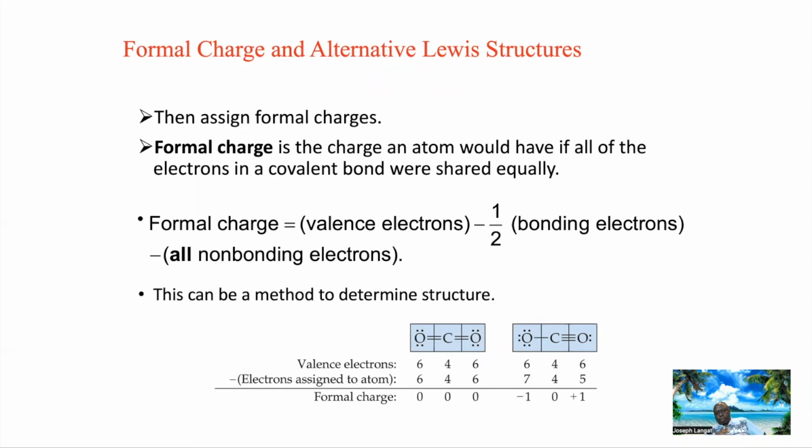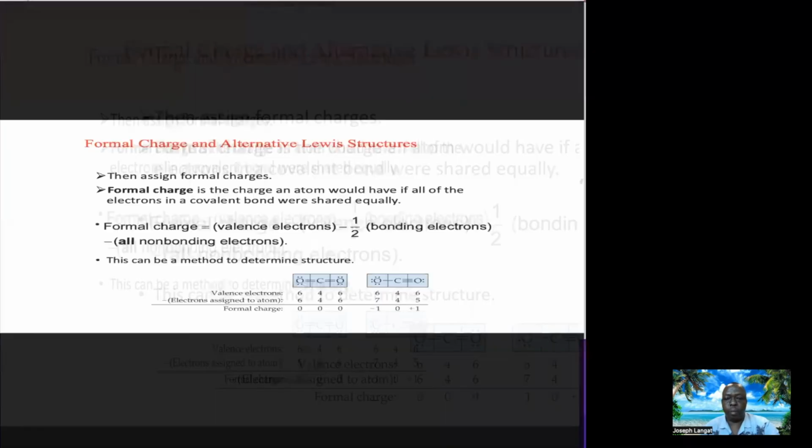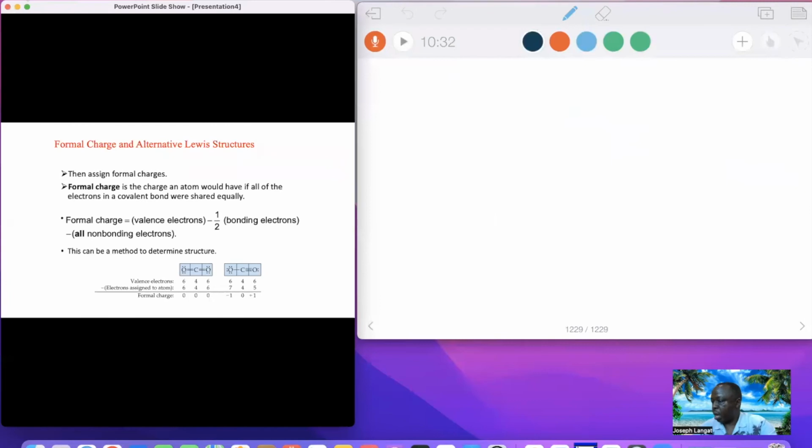Using the equation given in the PowerPoint slide here, valence electrons. The first oxygen here, valence electrons is in group 6, therefore we have 6. Carbon is in group 4. This oxygen is in group 6. So if I want to assign this number, I can just have this structure here.